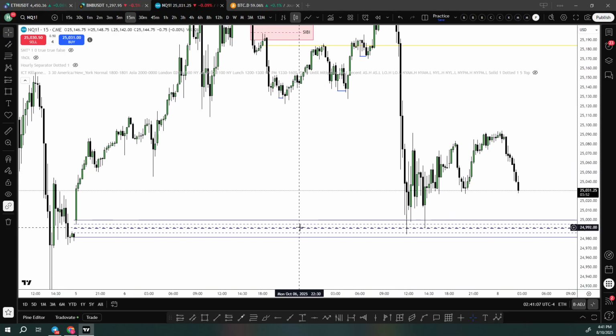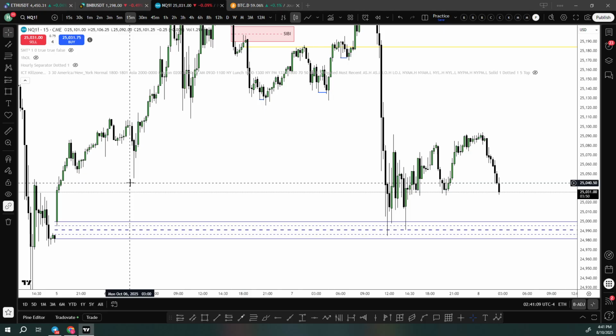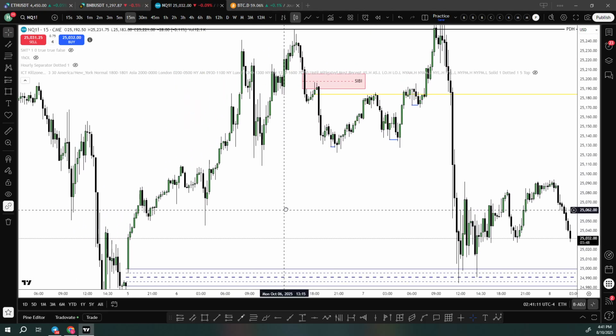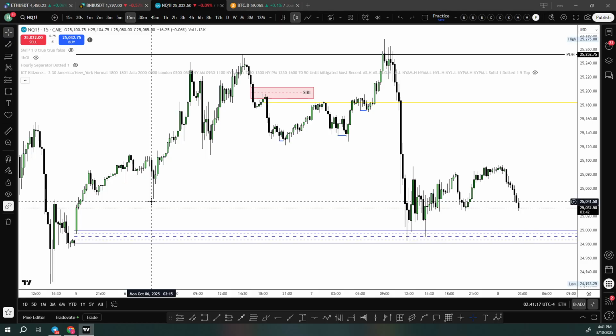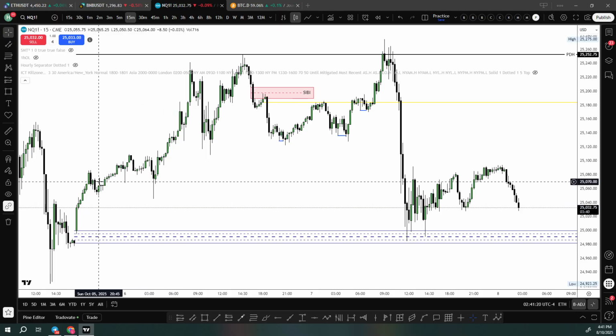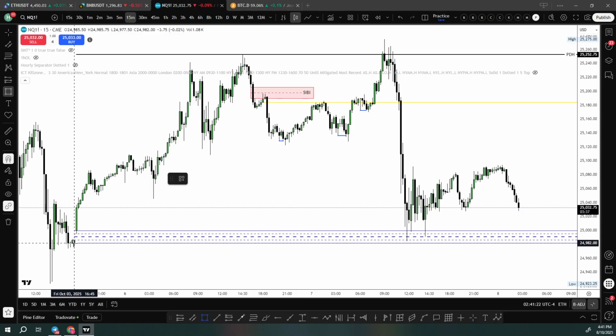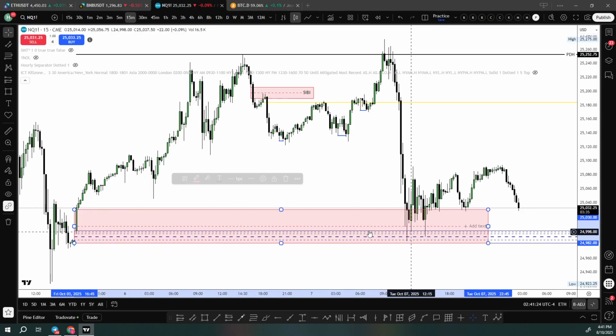The opening gap's yellow, new week opening gap. And sweep out all of the lows, Monday's low and Sunday's low. And now price is reacting off of this area.